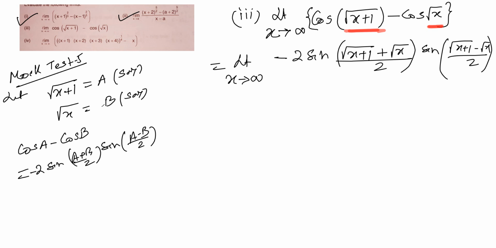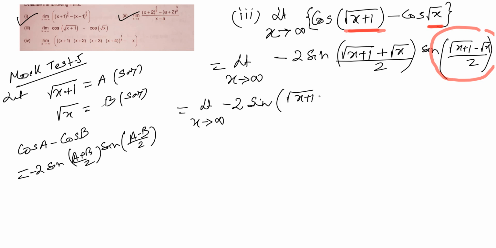Now what to do over this expression? We will keep this part as it is, and we are going to rationalize this particular expression. We are not going to touch the other one. So we will write it down: limit x tends to infinity, minus 2 into sine of (root over of x plus 1 plus root over x) divided by 2.